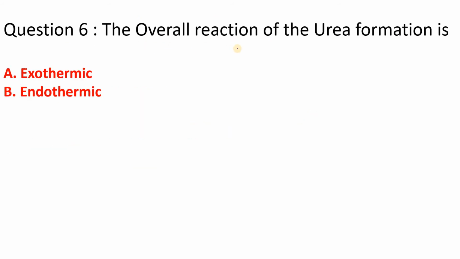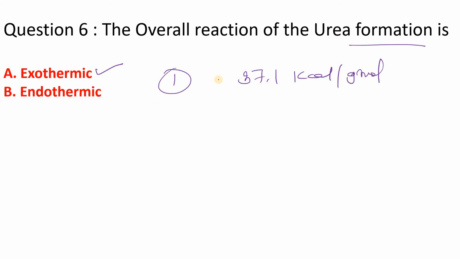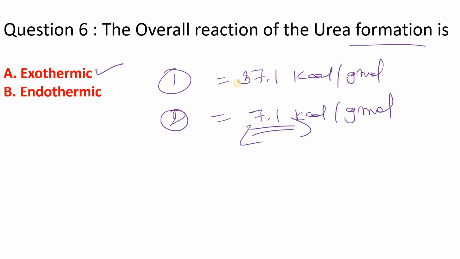Now, the overall reaction of urea formation: definitely it will be exothermic. Why will it be exothermic? As we saw, in the first reaction 37.1 kilocalorie per gram mole of energy was released, and this was our exothermic reaction. And in the second, 7.1 kilocalorie per gram mole of energy has to be provided. So let's suppose this is positive and this is negative.